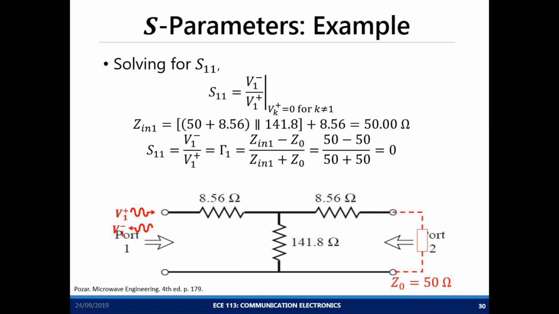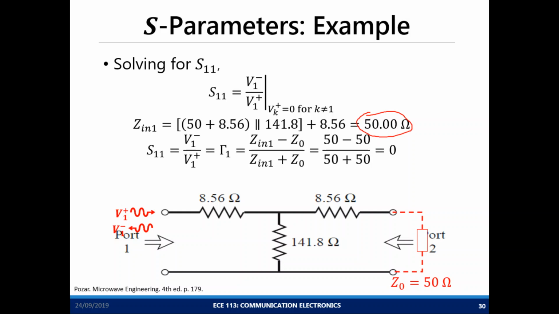So to solve for S11, we need to get the reflected voltage wave. When you have an input right here, what is the reflected voltage wave? So first, when you put a 50 ohm resistor here, solve for the equivalent resistance seen at port 1. Once you solve for the equivalent resistance, it turns out it is 50 ohms.